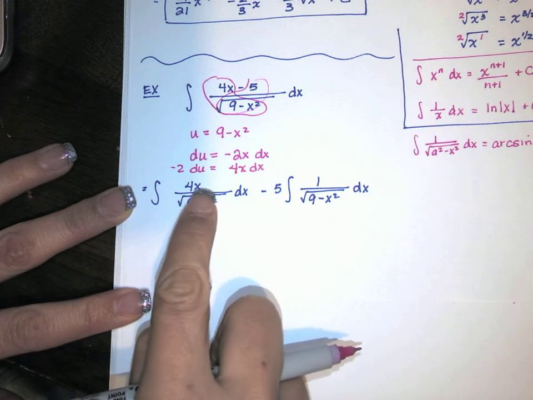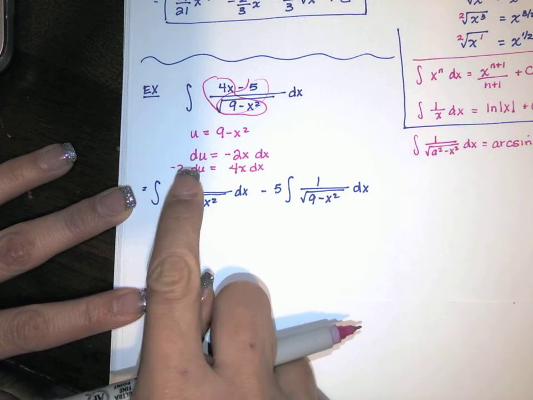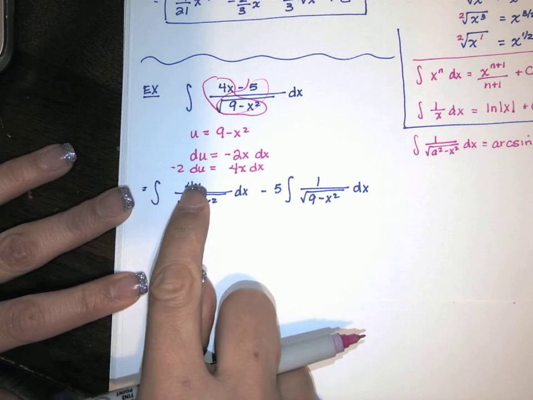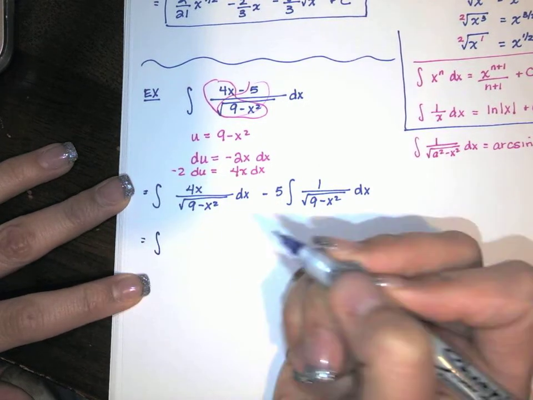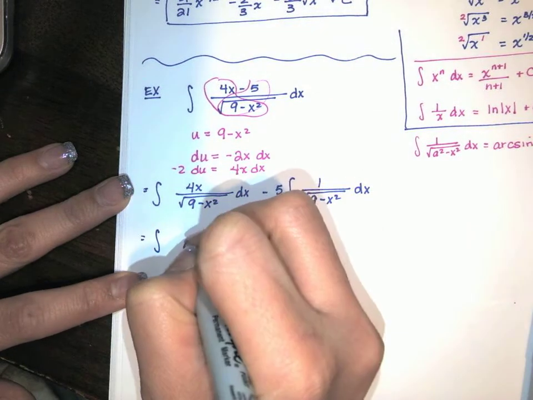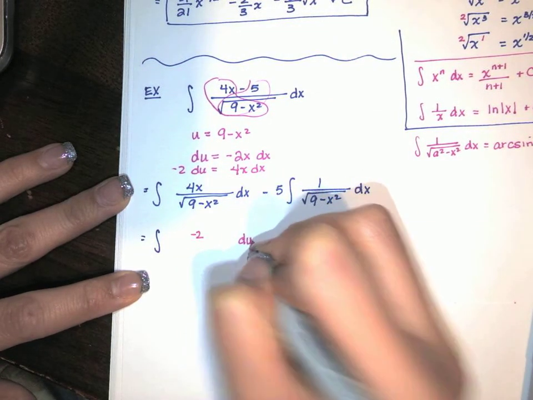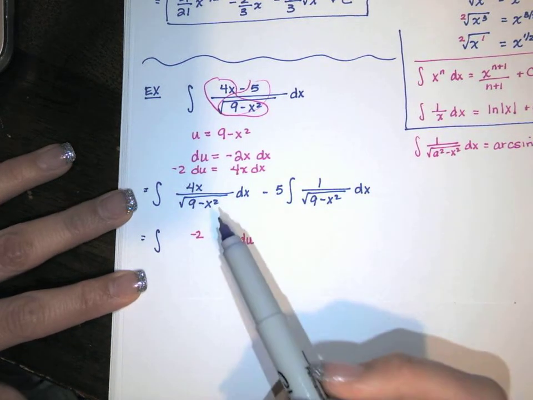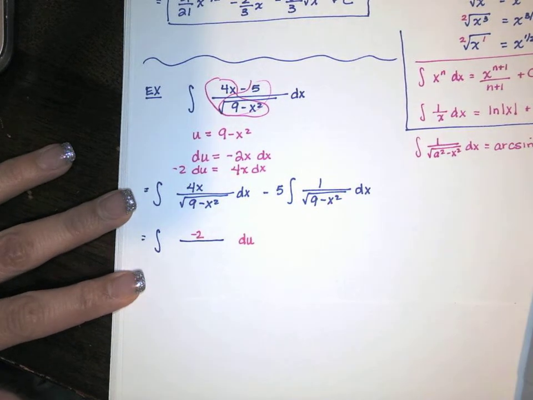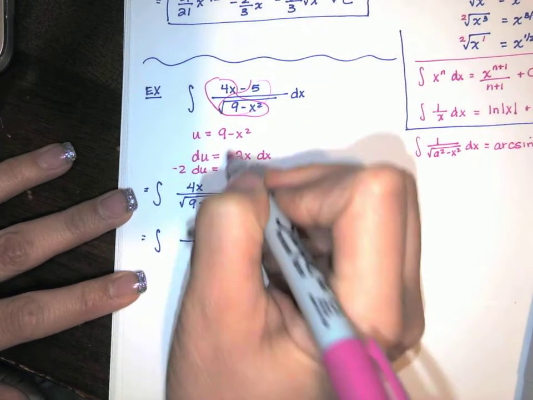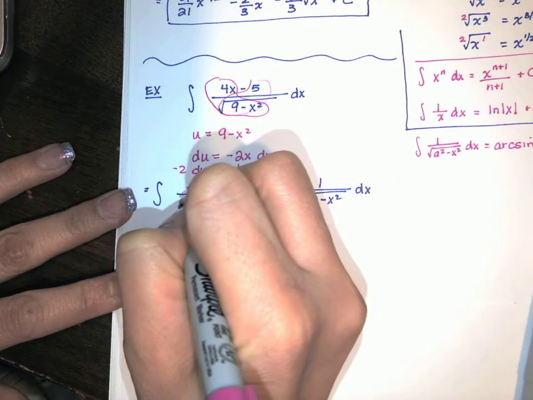So I'm just going to replace this 4x dx by this negative 2 du. Instead of writing 4x dx, I'm going to write negative 2 times du. From this line, they're exactly the same thing. Now in the denominator, be careful, it's not just a u. 9 minus x squared is my u. This is my u.